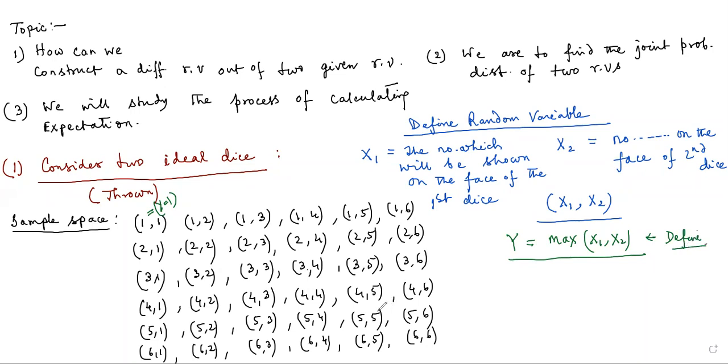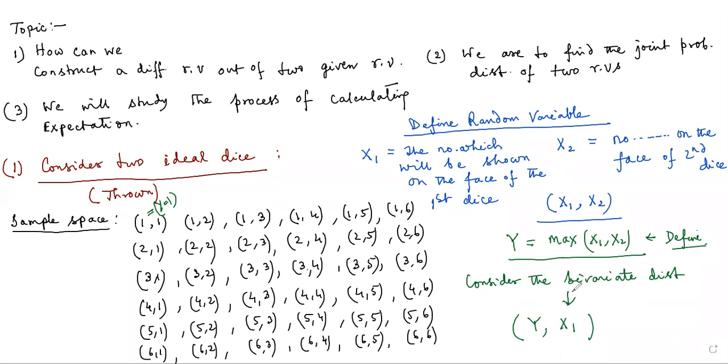Now, once I define the new random variable, I'm going to consider a bivariate distribution where we are going to take two random variables. One is y and another is x1. So my new bivariate distribution under consideration is y and x1.